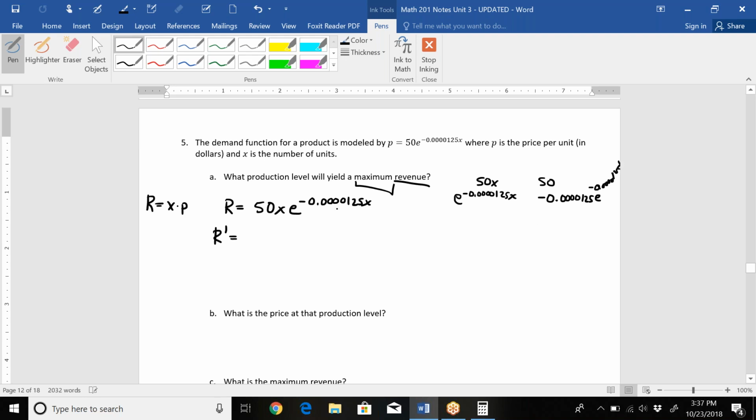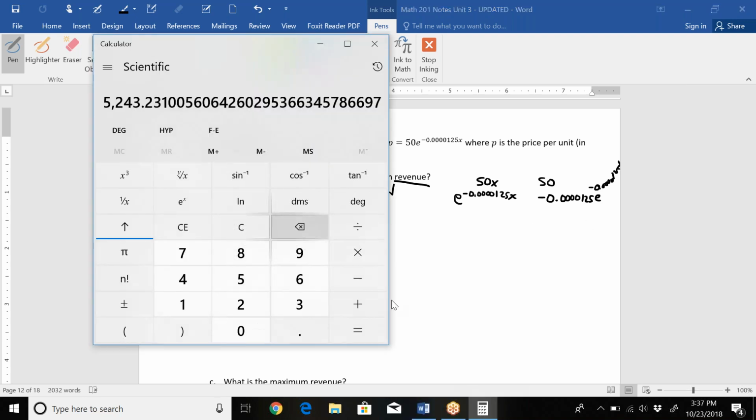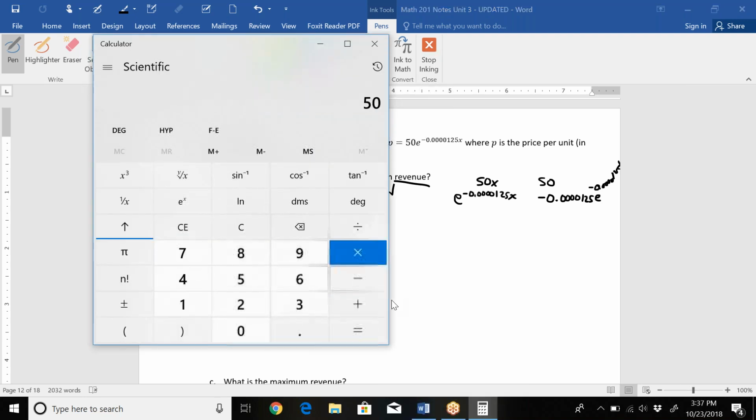So then to do our product rule, we have to cross those. So this is 50 e to the negative 0.0000125x plus, and then it's 50 times this decimal right here. So 50 times 0.0000125, and that's negative.